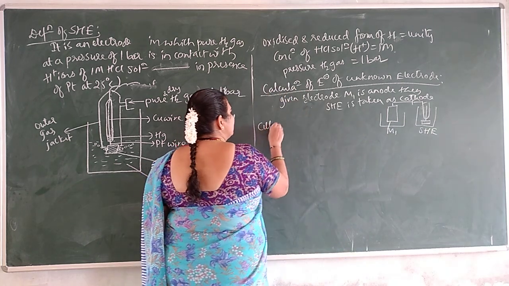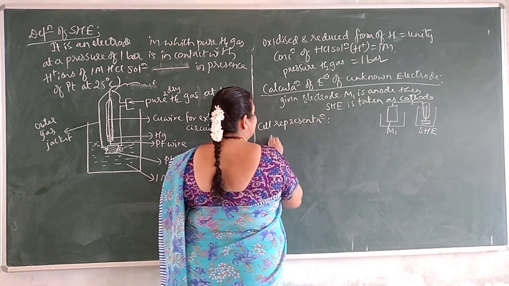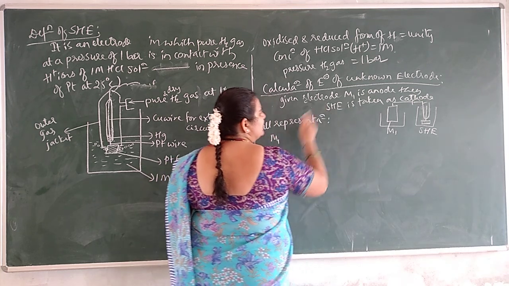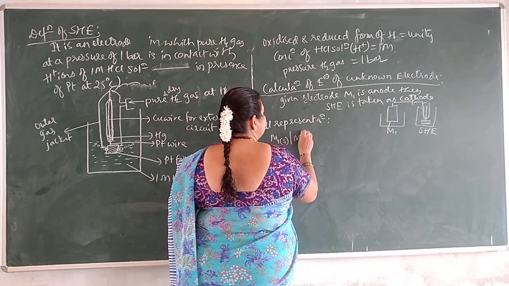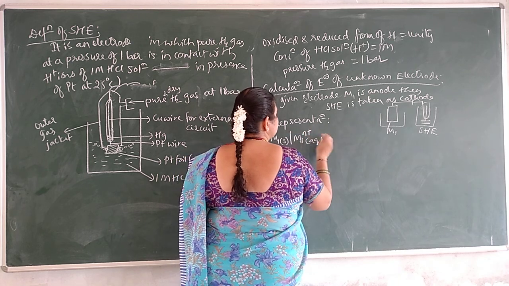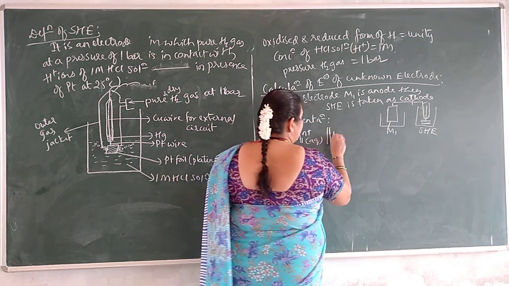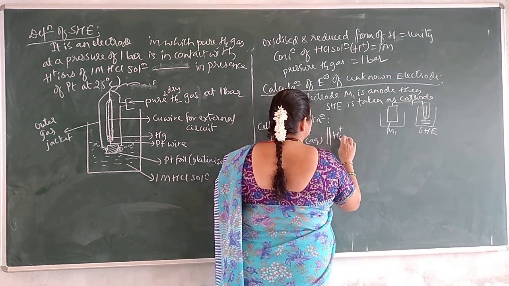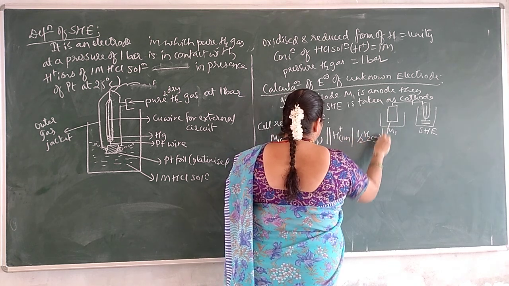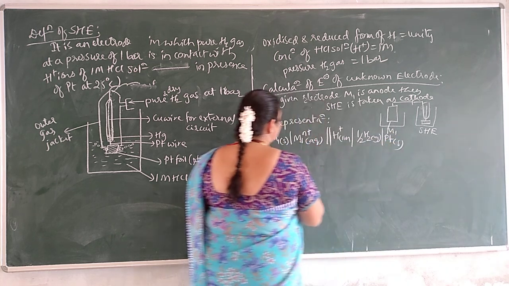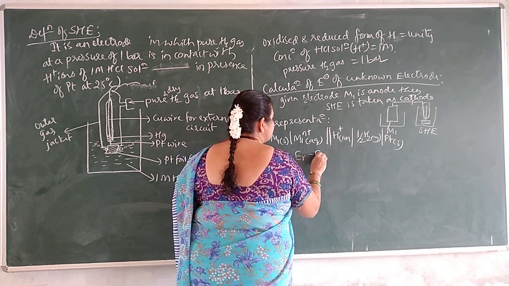Now the cell representation can be written: at M1 the metal is undergoing oxidation, so write the oxidation reaction, M1 | M1^n+ (aq) || H+ (1 M) | 1/2 H2 (g, 1 bar) | Pt (s). Now the EMF of the cell is given by E right minus E left.